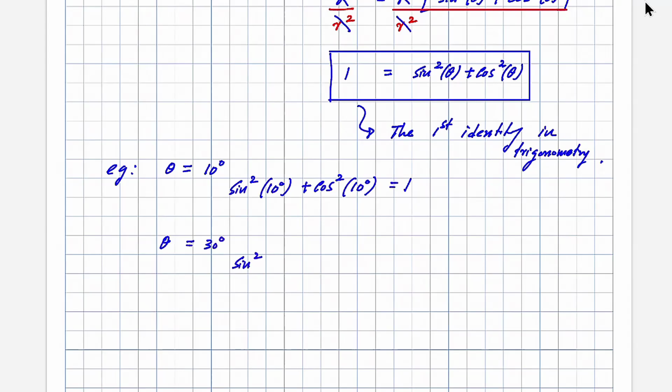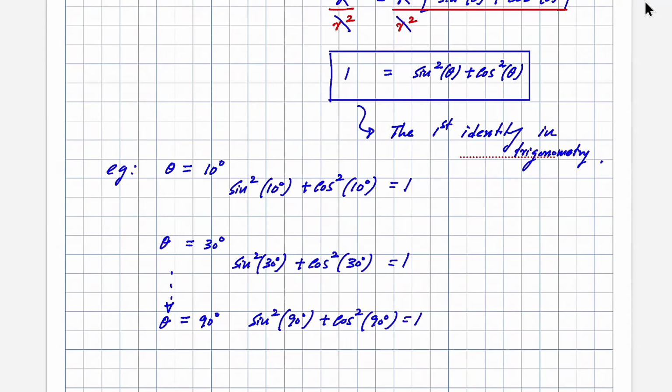Then sine squared 30 degree plus cos squared 30 degree is equal to 1. So likewise, you can go with any number. So for example, theta is 90 degree. So still sine squared 90 degree plus cos squared 90 degree is equal to 1. So that's why we say this is an identity. So whatever the angle you use, this identity holds true.